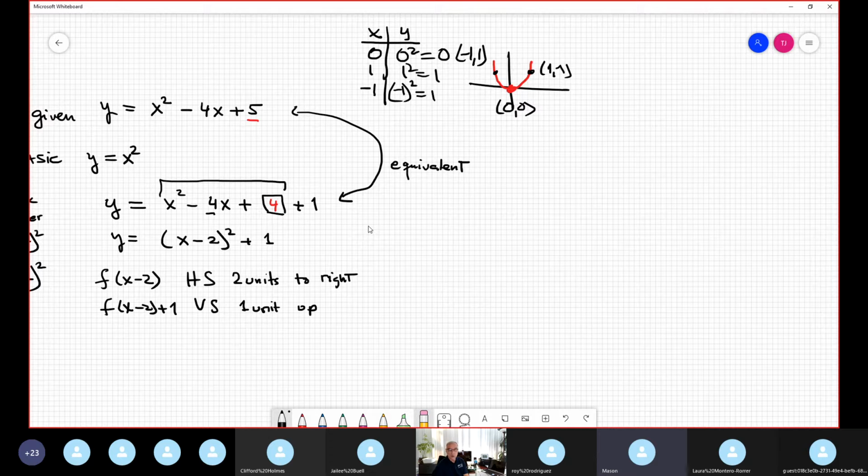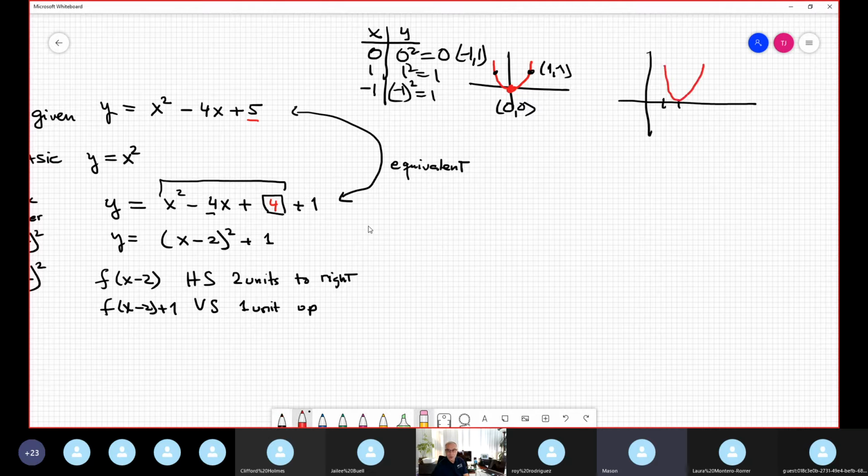And the transformation was moving to the right, 2 units. To say 2 units to the right is, 1, 2. This is my new parabola after the transformation.